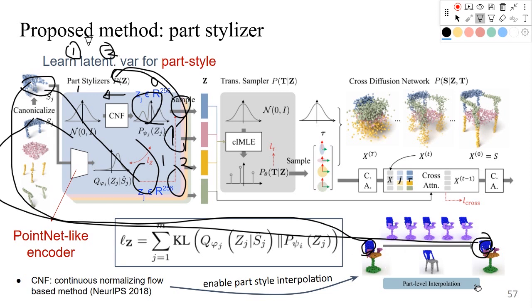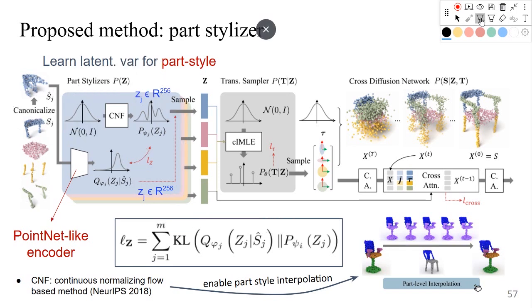We interpolate these two inputs here. For example, we just take the middle. You can apply your weighting value based on your interpolations. And then after we get the interpolated result in this input space, we can compute again the interpolated latent variable here by inputting this interpolated input to this CNF.